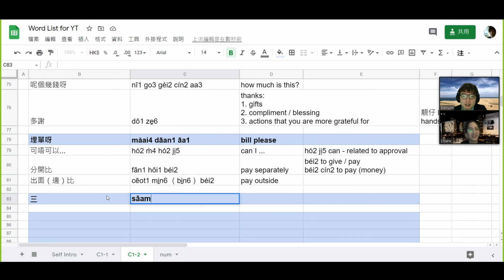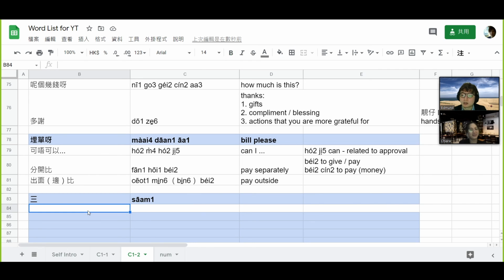We pronounce it with less air puff, so we say sam. Yeah, this is perfect, sam. If you pronounce it too breathy it's almost like Korean people pronouncing it, but we say sam, no air puff at all.